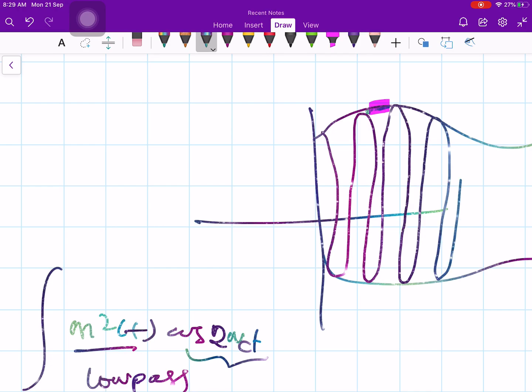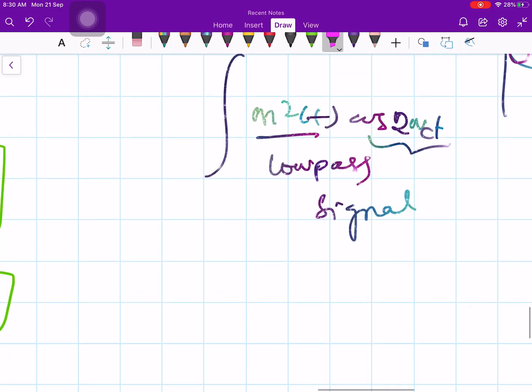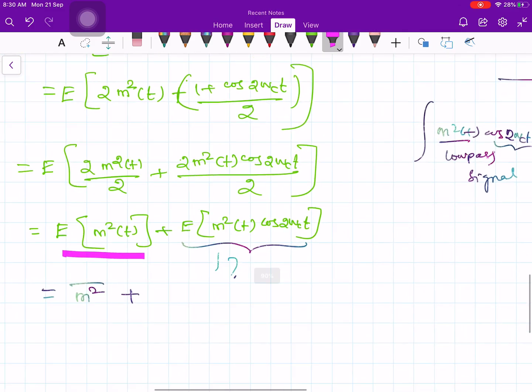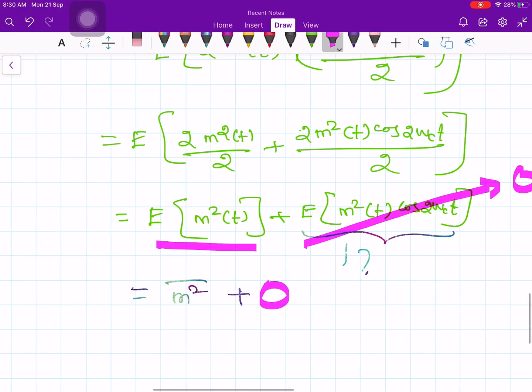The frequency is constant in an AM system, because we are talking about an AM system, right? So whatever the area in the positive half cycle, that area will be the same as the negative half cycle. Therefore the total integration will be 0. Hence this term leads to 0. Therefore my signal power Si is equal to m square bar. That's it.